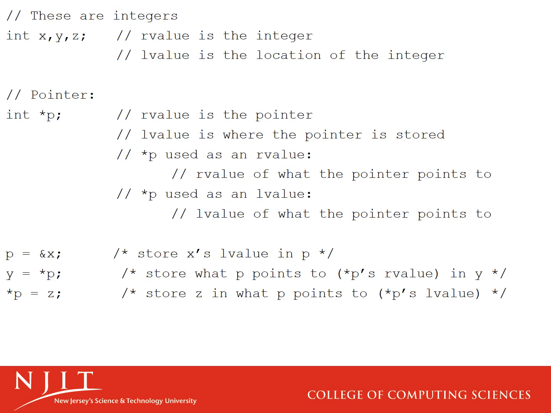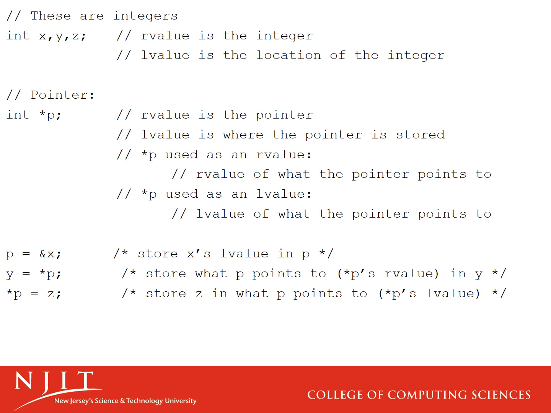The R value that's associated with the pointer is the value that's stored in there, the numerical memory address that is being saved in the variable is the R value. The R value of a pointer is somebody else's L value. Okay, so when I say P equals address of X, I'm storing X's L value in P.